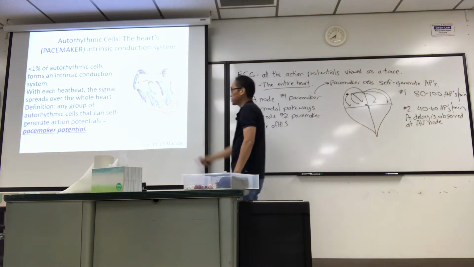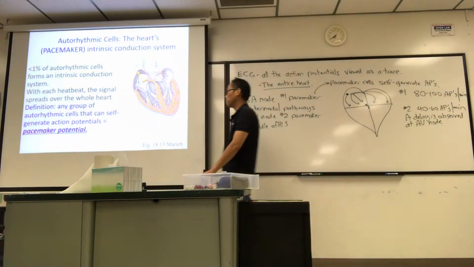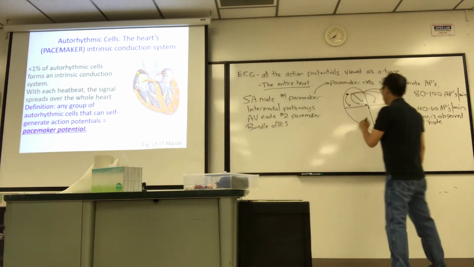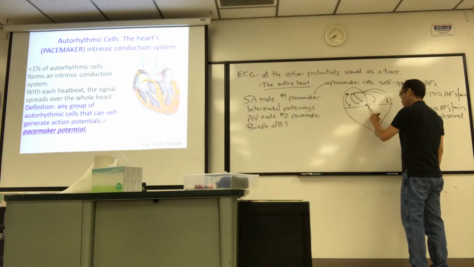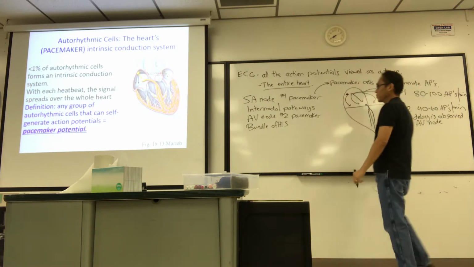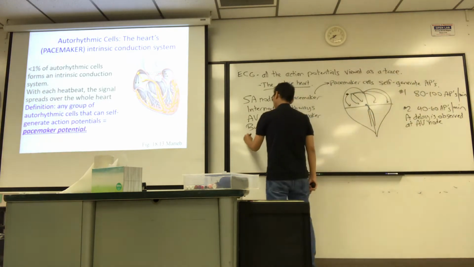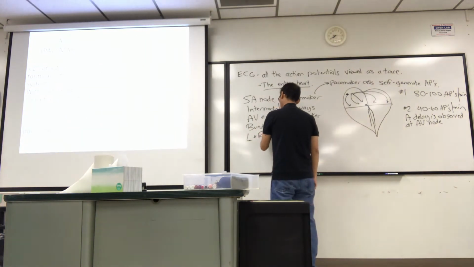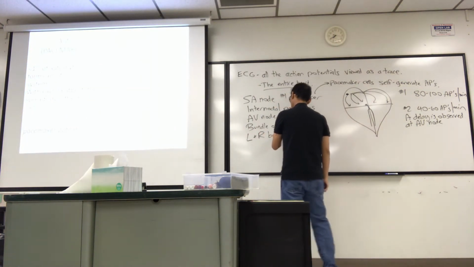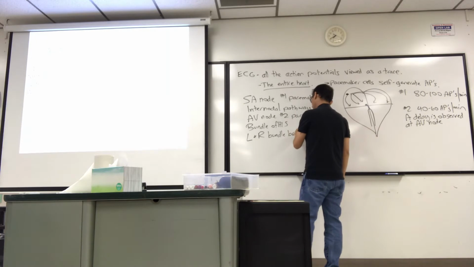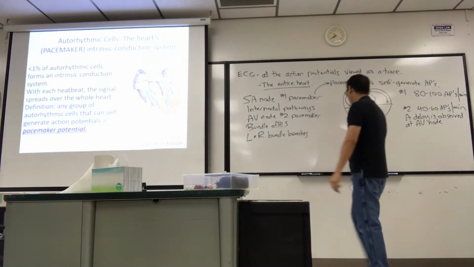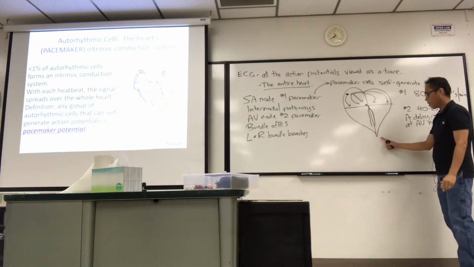So when you have this delay, then the signal spreads down the bundle of His. It branches. It's right here. There's two bundle branches. There's one on the left and one on the right. So those two are the left and right bundle branches. Now you reach the apex of the heart, right?